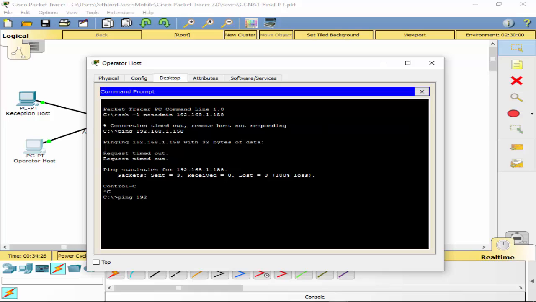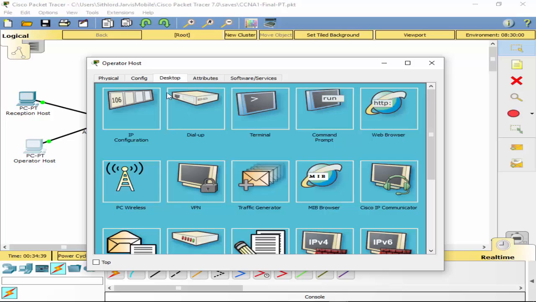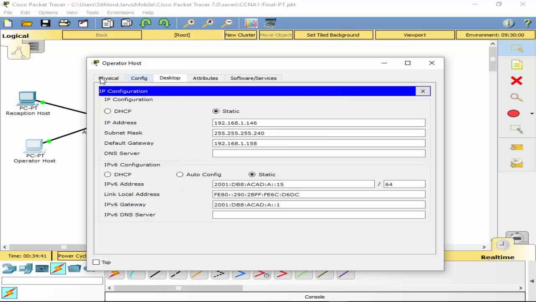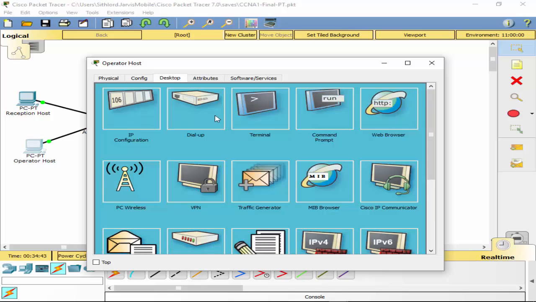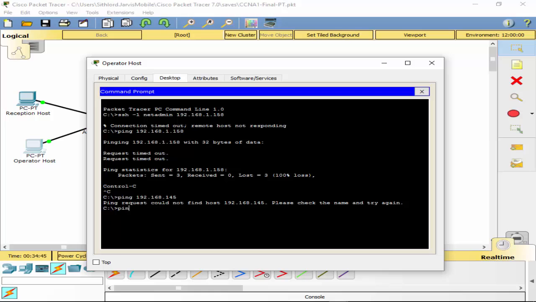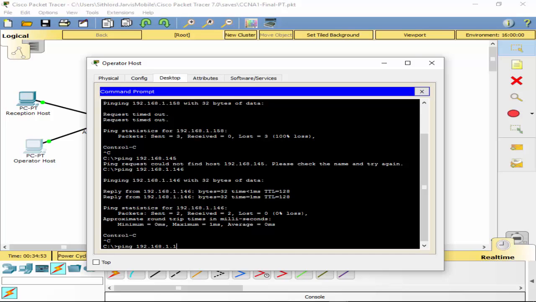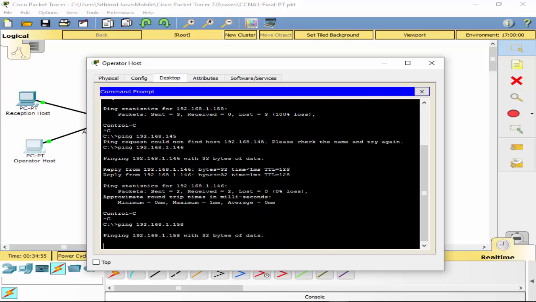Ping 192.168.1.45. No, we're 46. And I didn't put the one in, so that's probably another reason we're in trouble. Okay, so we can ping ourselves, but we cannot ping our default gateway.